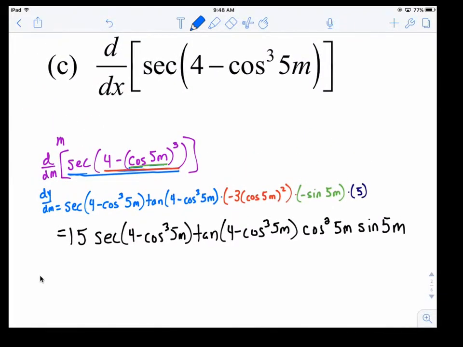This and this are the same thing. I just wrote it that way because it looks more like the original. The derivative of secant is secant tangent, and you keep whatever angle secant is taking the same.